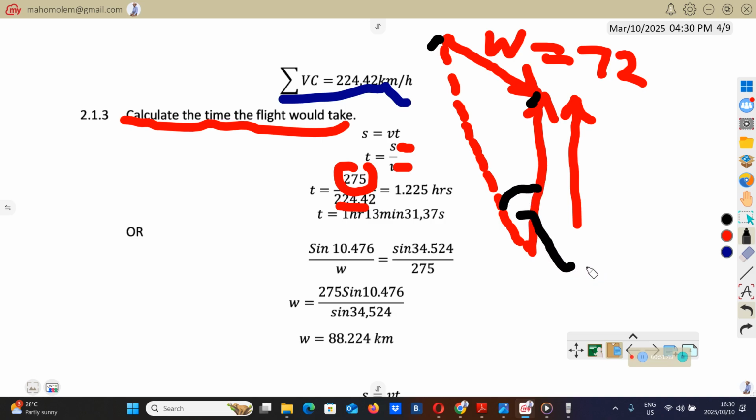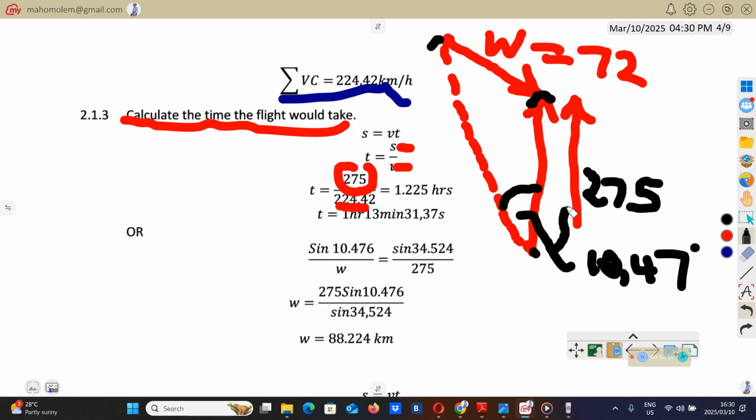You know the angle here. The angle is 10.47 degrees. So if you know this angle, you know the distance on this side from here to there, the vertical distance, is 275.